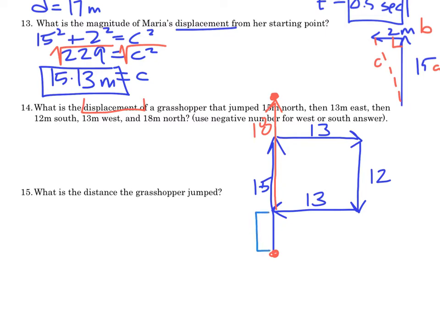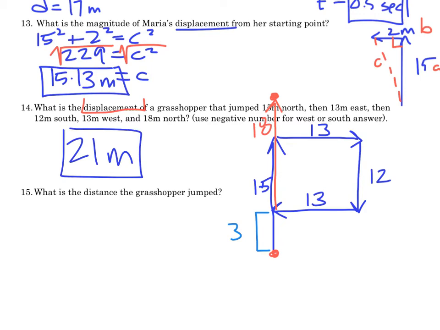So from here to here is 3 meters. If from here all the way to the top here is 18 meters, then I am a full 18 meters plus an additional 3 meters from where I started, and 18 plus 3 gives me 21. 21 meters is the displacement of that grasshopper.